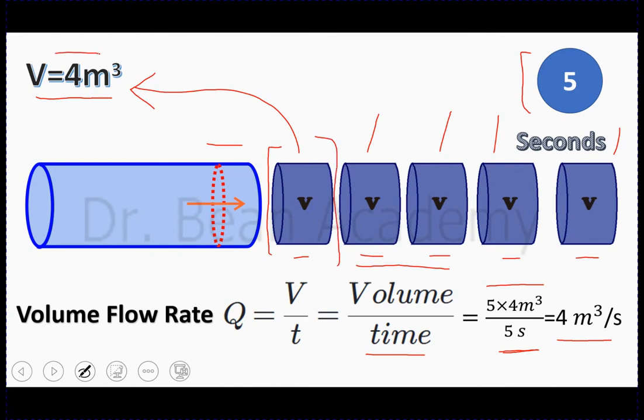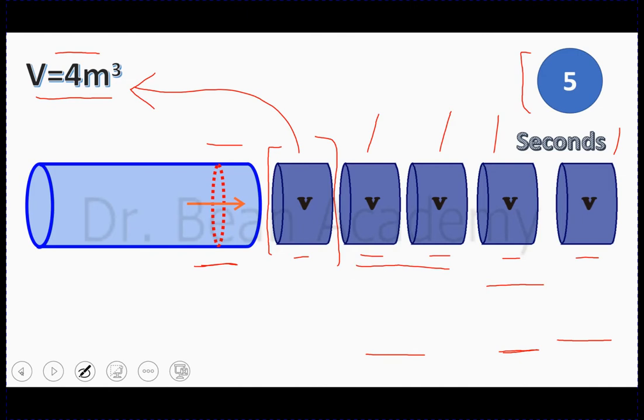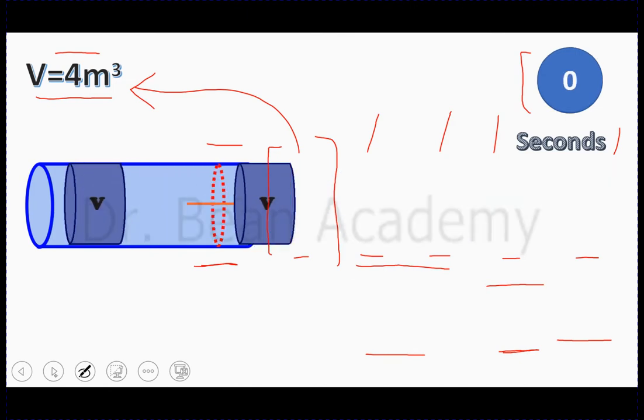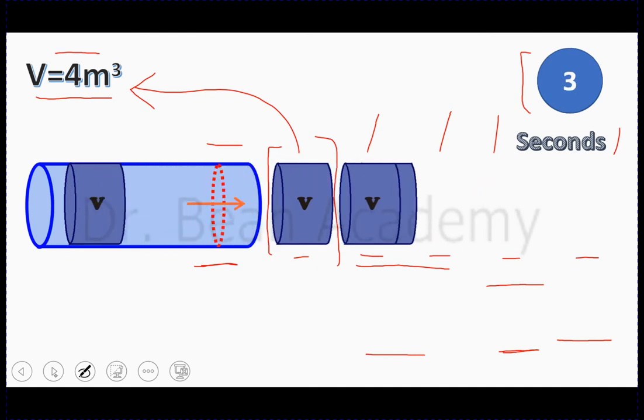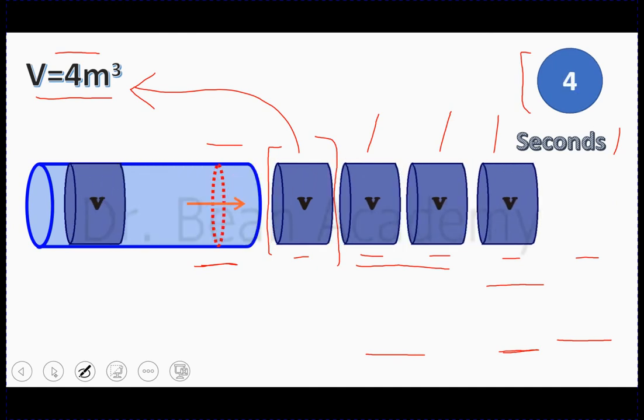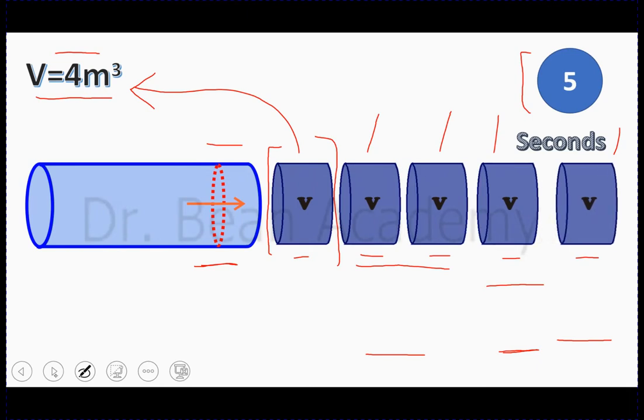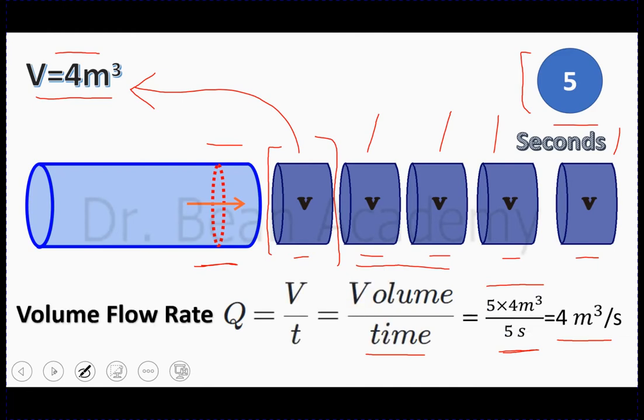So it means each one of them passes through this unit area in 1 second. And if I rerun this animation, you can see that the time scale tells us the same: the first volume in 1 second, the second volume in 2 seconds, the third volume, the fourth, the fifth volume in the fifth second. So this is how we calculate the volume flow rate.